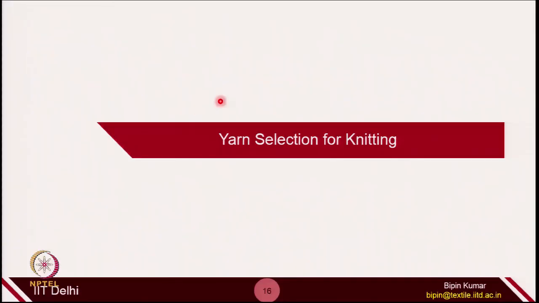Now, let us come to the topic. You have seen these two commonly used parameters which express yarn, which are count and twist. Now, let us see whenever we are working on a particular knitting machine, how do we select yarn, what count we should use, what twist we should use.